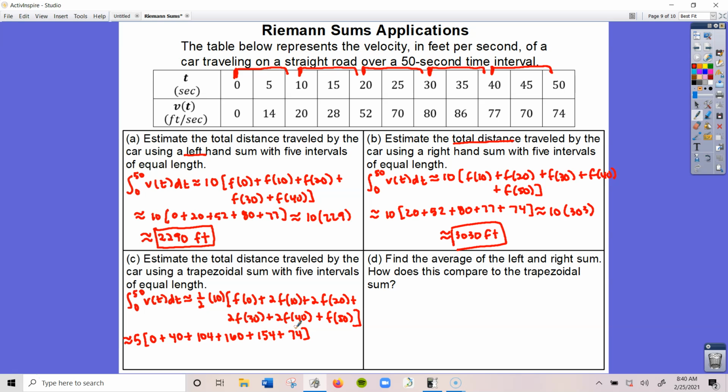When you add up all of these numbers, you will get 5 times 532. And when you multiply that together, 5 times 532 is 2,660. And again, this is feet.